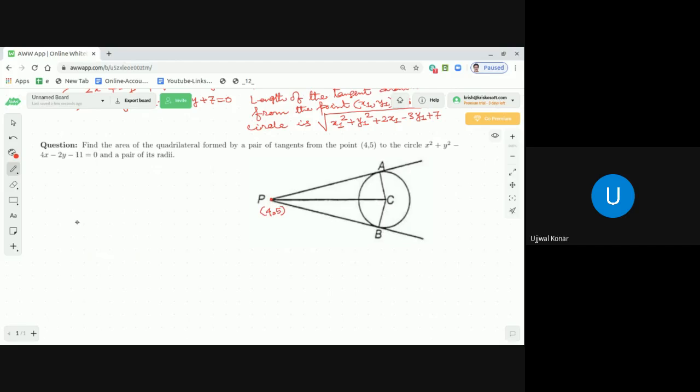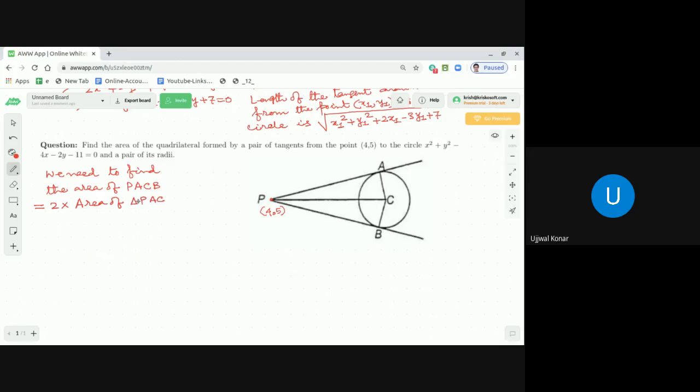Correct? So we need to find the area of PACB, which is equal to 2 times the area of the triangle PAC.